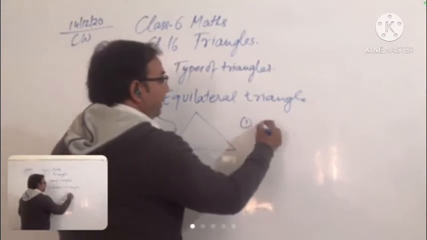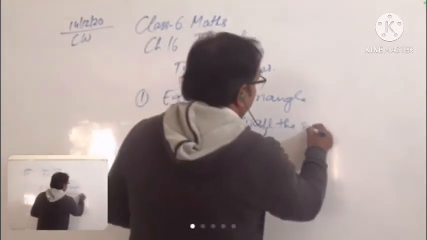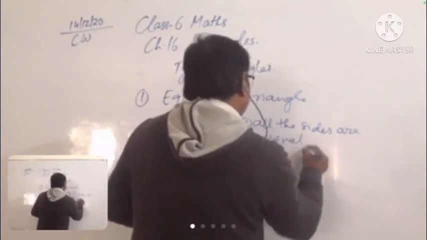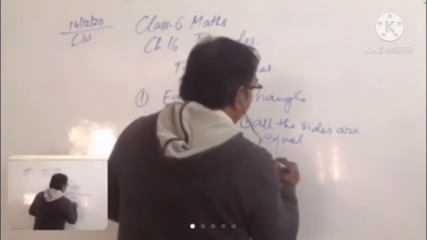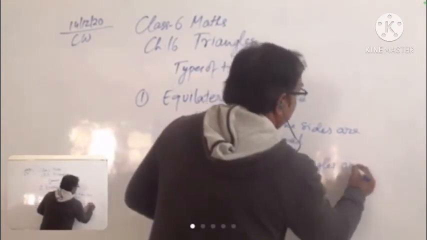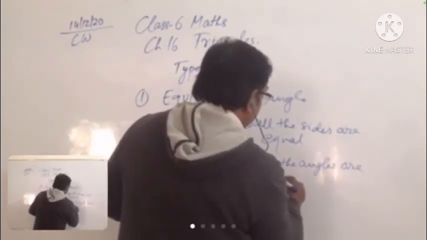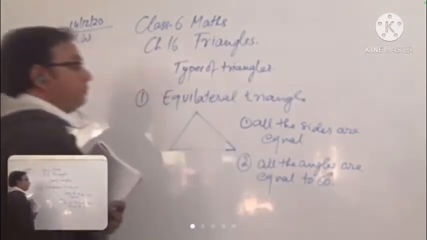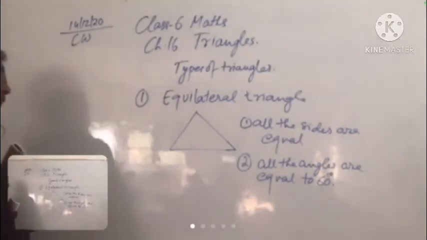And in an equilateral triangle, all angles must be 60 degrees. Once again, I repeat, in an equilateral triangle, all sides are equal and all angles are also equal, and the measure must be 60 degrees.